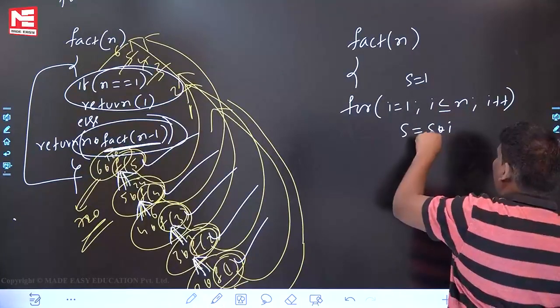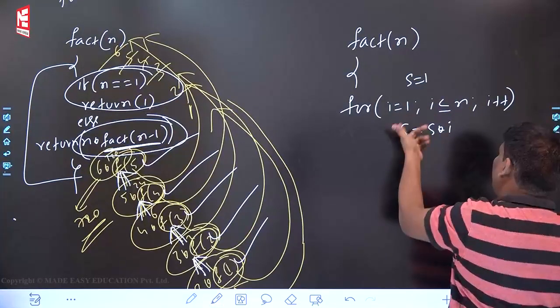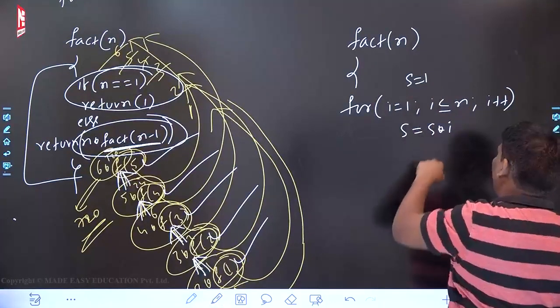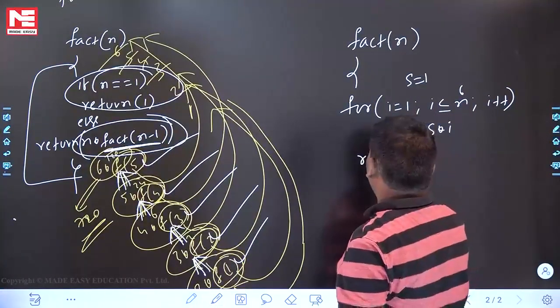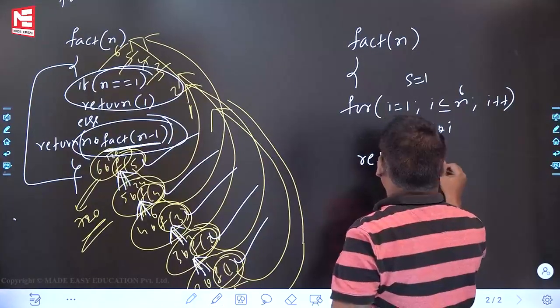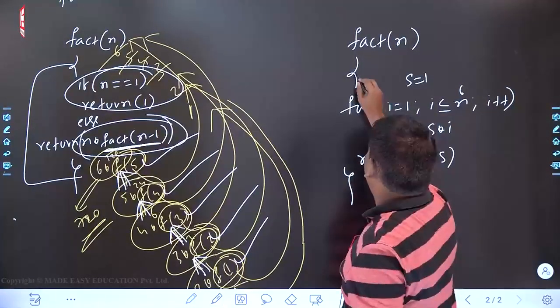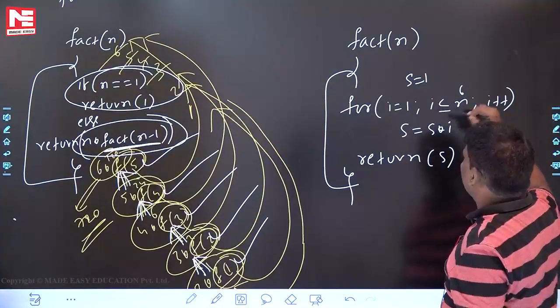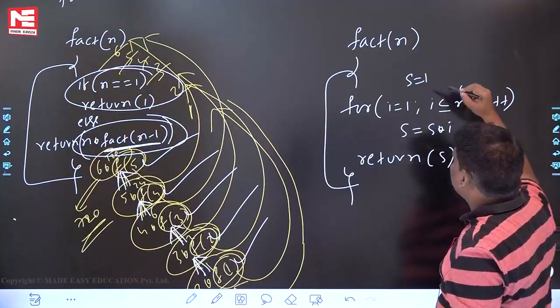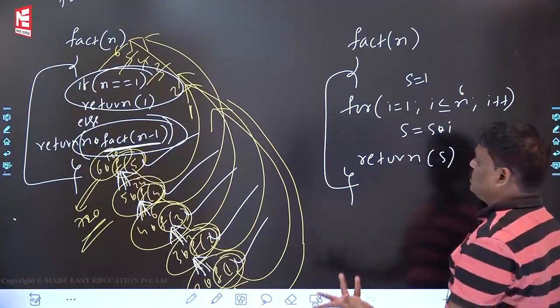Afterwards i becomes 2, that will be multiplied by 2, then by 3, then by 4, and so on until n value becomes 6. Whenever this loop is over, return s. Then it will give the factorial. First i value 1 multiplied, 2 multiplied, 3 multiplied, and so on up to 6 multiplied. Whenever i becomes 7, out of the for loop, then return s.